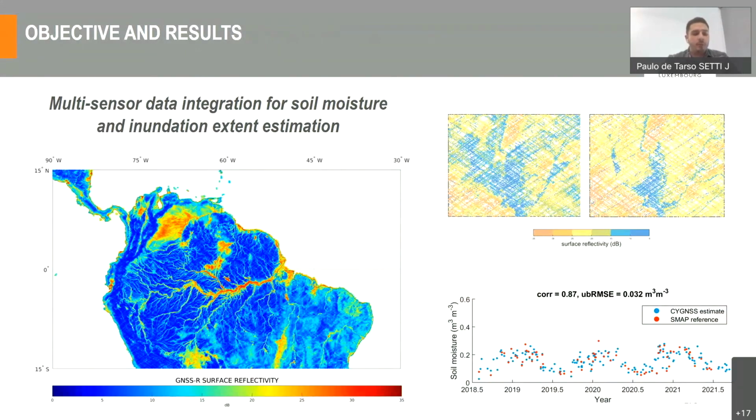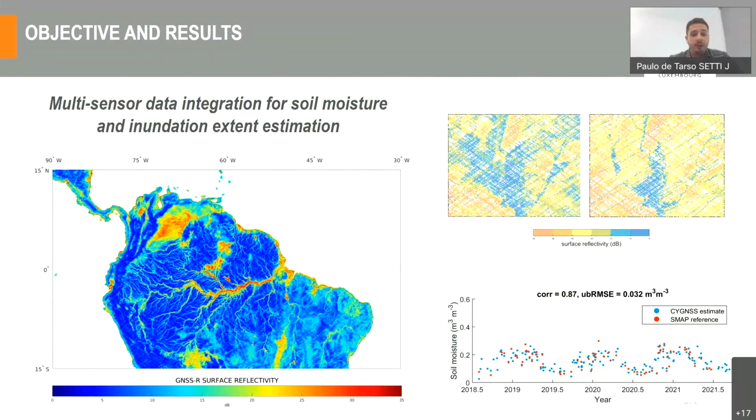For example, on the left-hand side, you can see the power of the reflected signals over the Amazon rainforest in South America, and we can clearly see and delineate the rivers, even if they are below vegetation.